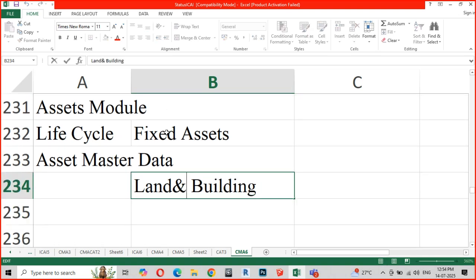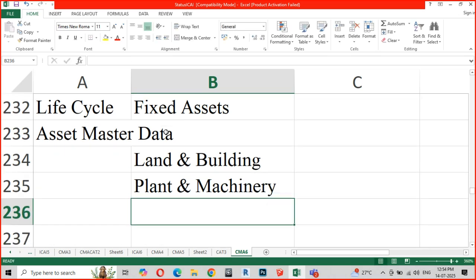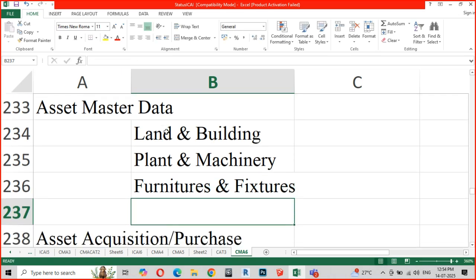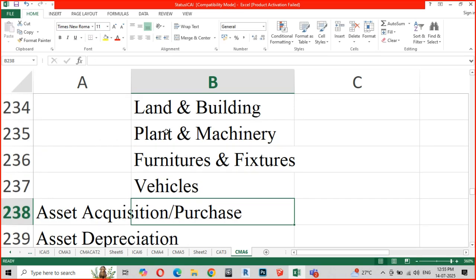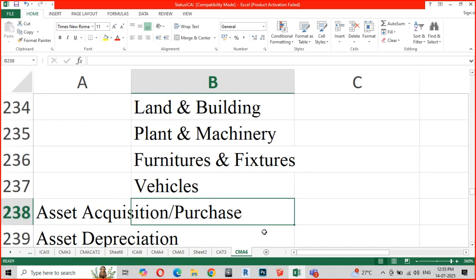land and building. So again, you may break up your assets in these particular categories: land and building, plant and machinery, fixtures and furniture, vehicles, computers, whatever your implementing partner wants, you can create those many asset groups.